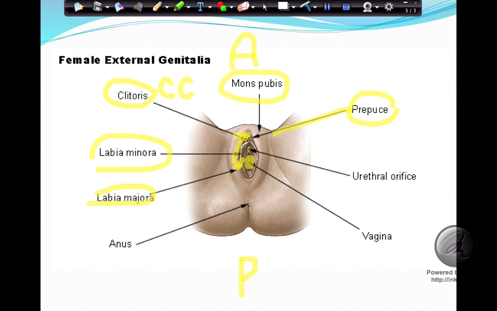The majority of the lubrication that occurs upon sexual excitement is from the vagina, but there are glands in this area that are called Bartholin's glands, and those Bartholin's glands are responsible for some lubrication upon sexual excitement. Now, a note about lubrication. Women have the Bartholin's glands inside the labia minora, which are the inner lips.